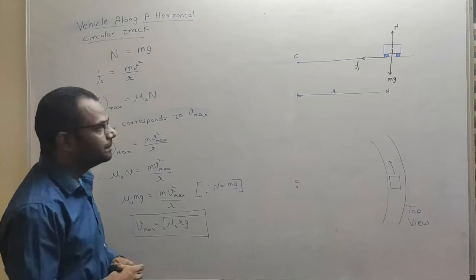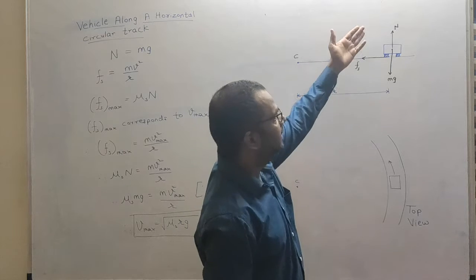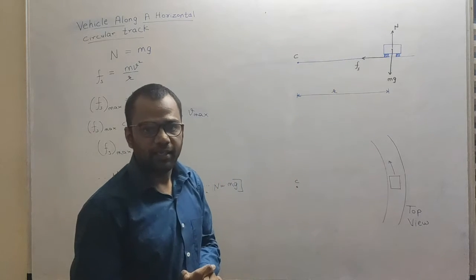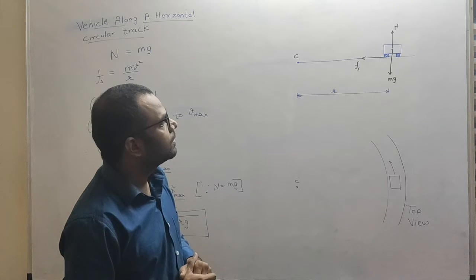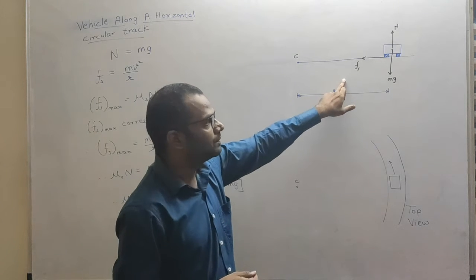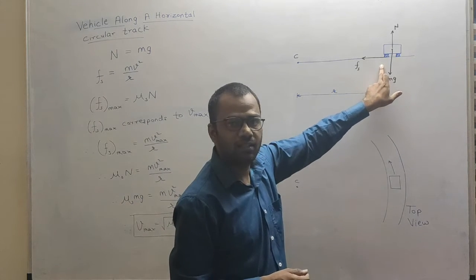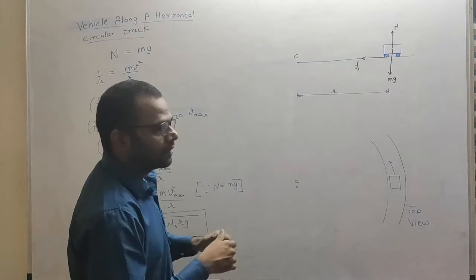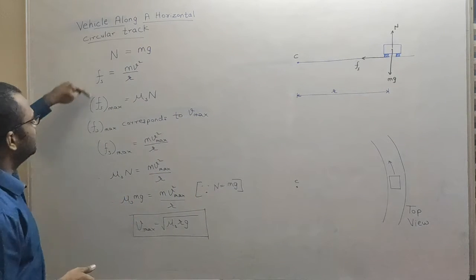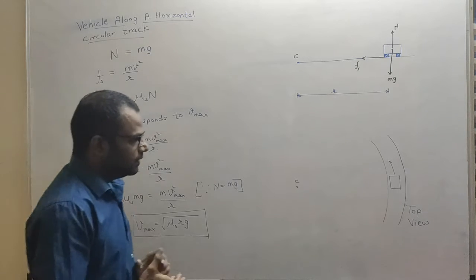The weight of the vehicle will be balanced by the normal reaction by the road on the vehicle. The force of static friction between the tire of the vehicle and the road surface will act as centripetal force. And after that, you can mention these things. Okay? Fine.